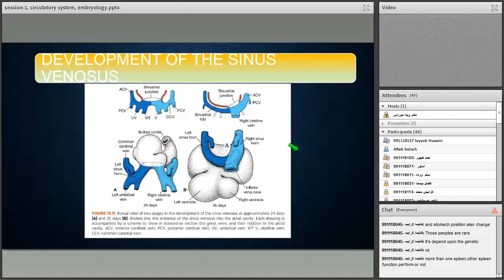Listen, we have seen that the proximal portion of the heart tube is called the sinus venosus. In the middle of the fourth week, it receives venous blood from the right and left sinus horns.